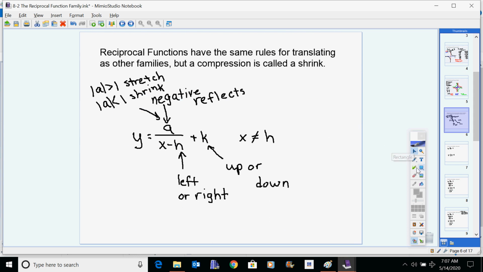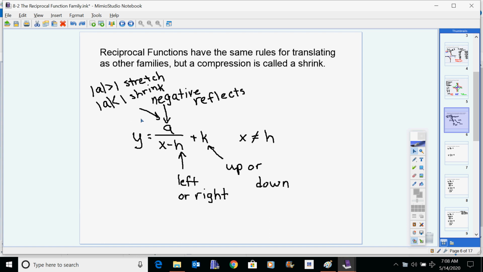So here we have this. And on this, we have the same rules applying for this a value that we had before. You've got a stretch if it's bigger than 1. You've got a shrink or a compression if it's smaller than 1. And if it's a negative, it reflects. So this is the same thing.